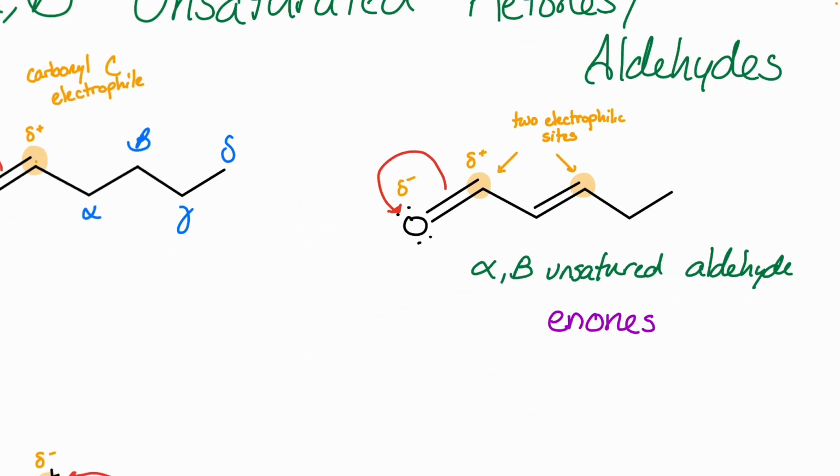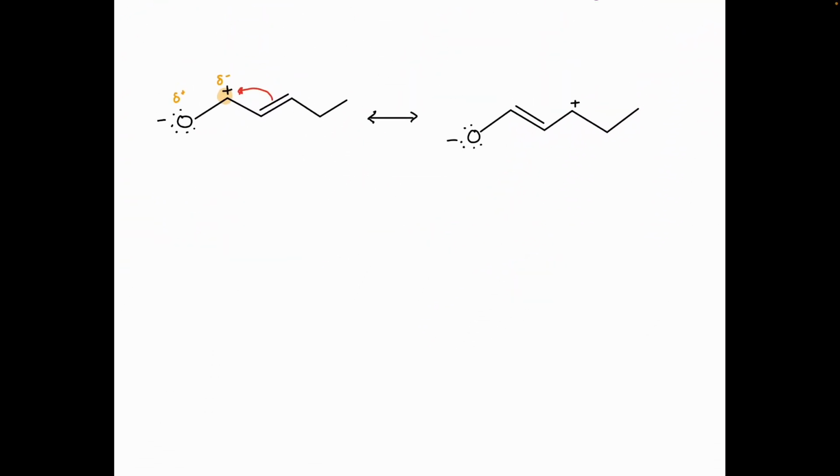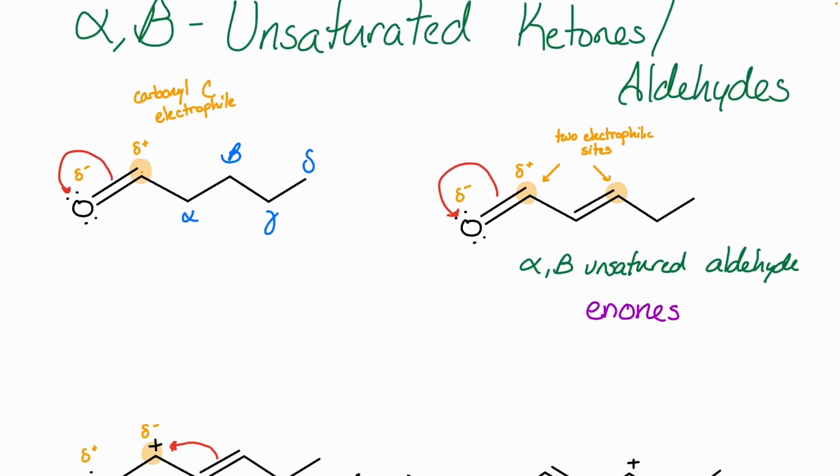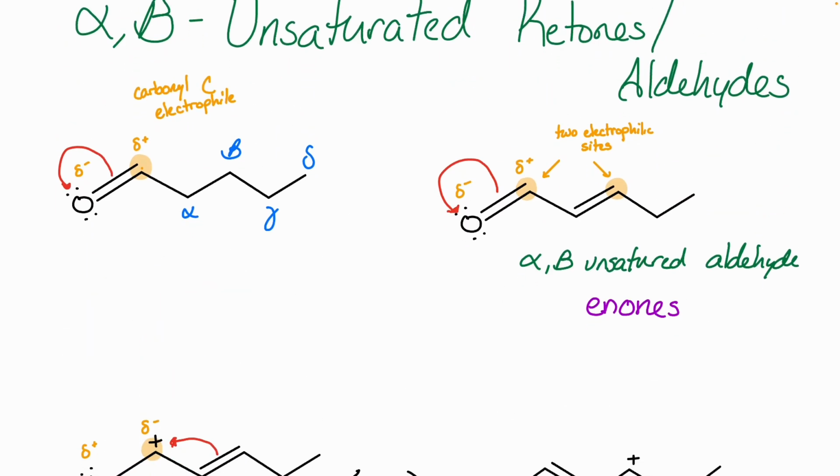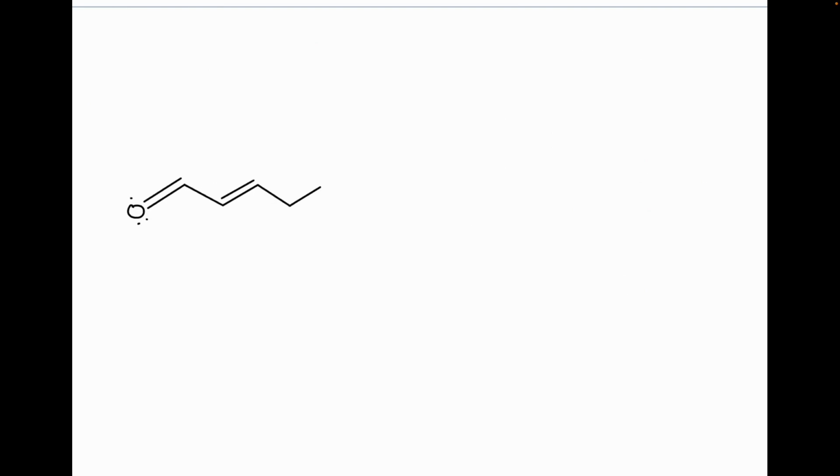Okay, so that means that if we take one of these enones, let's just keep this same example that we've been working with, and we react it with a nucleophile, there are two possibilities. It could react with either one of those two electrophilic sites. So we could have that reaction that we've been seeing over and over again, where the nucleophile reacts with the carbonyl carbon.